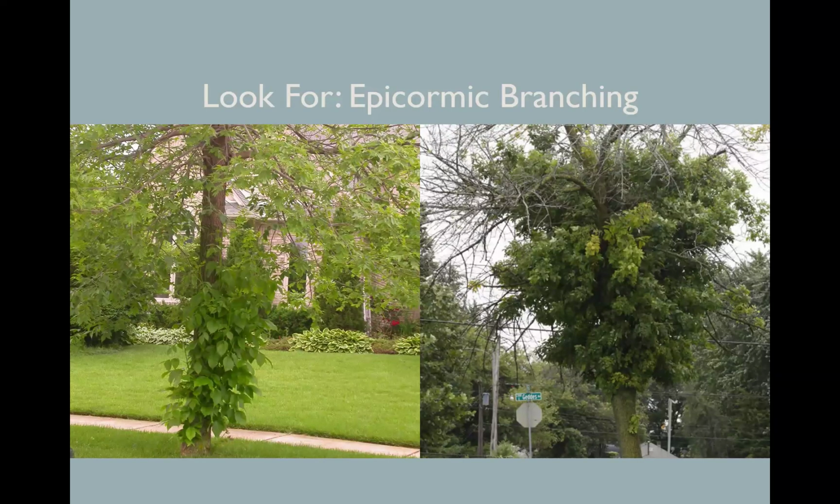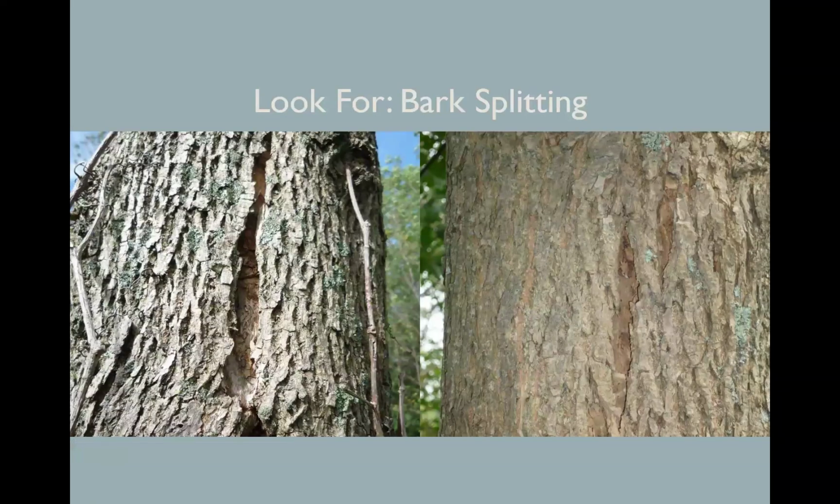As the upper canopy is shrinking back, you're getting a secondary stress response of epicormic branching sprouting out, and so you get a very odd-shaped looking tree. You look up, the canopy is thin, but somewhere along that tree you're getting these tufts of branches. And then bark splitting is another sign.